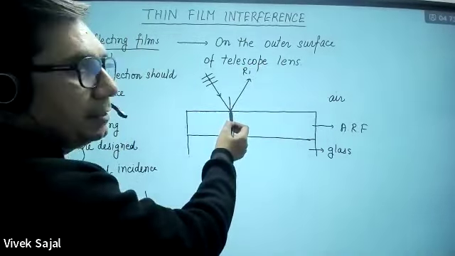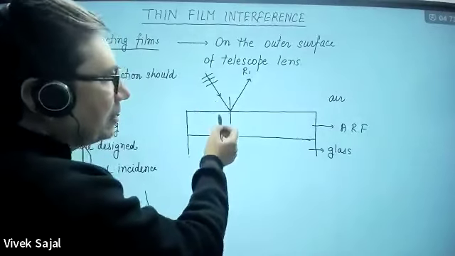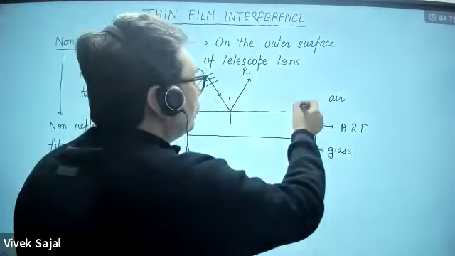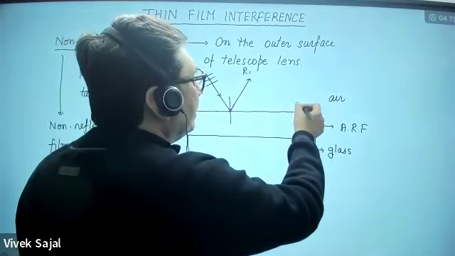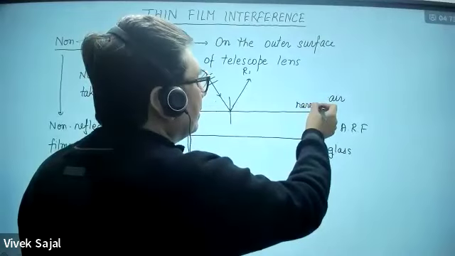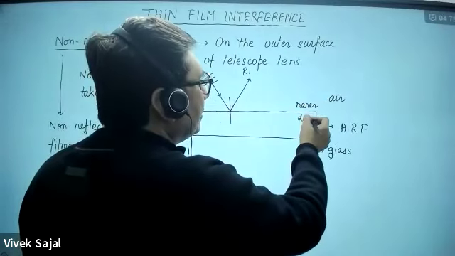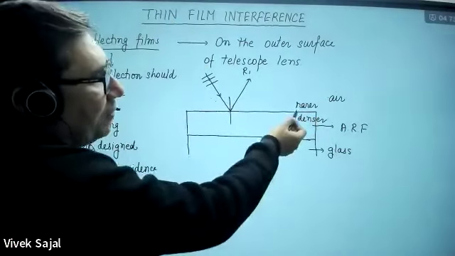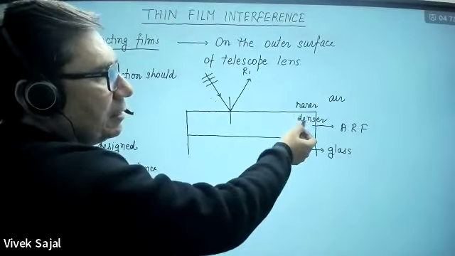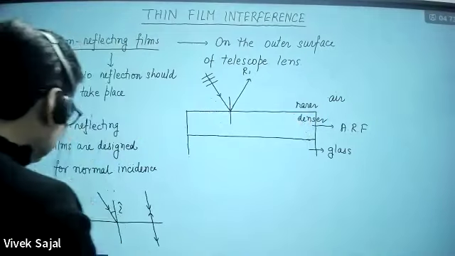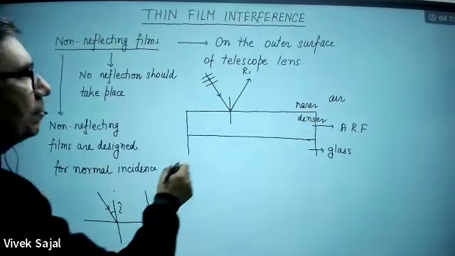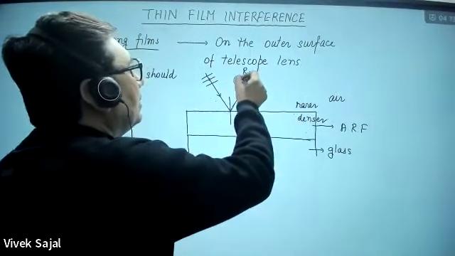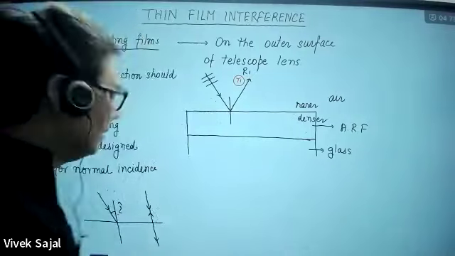Now try to understand: this is air, this is the anti-reflection film, so this is rarer and this is denser. At this interface the first medium is rarer and the second is denser, so this light is reflected back from the denser medium. So there will be a phase change of pi. This is the first part.